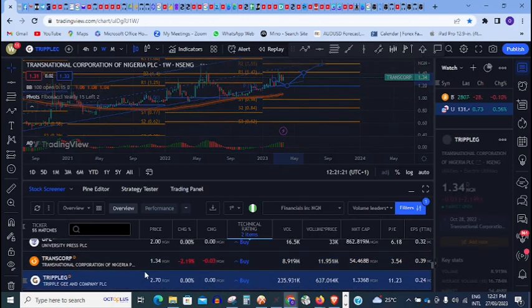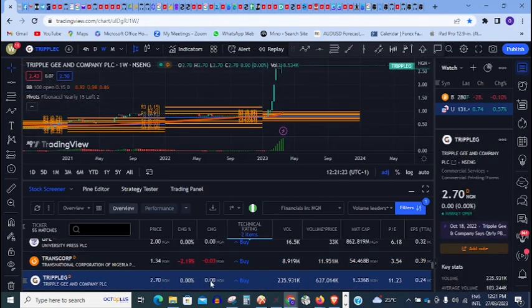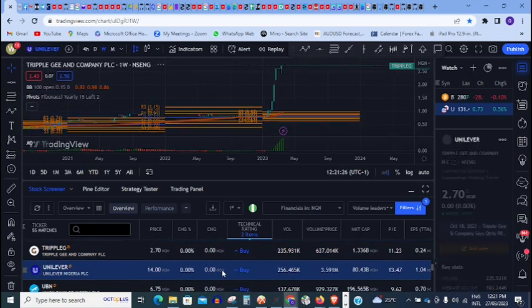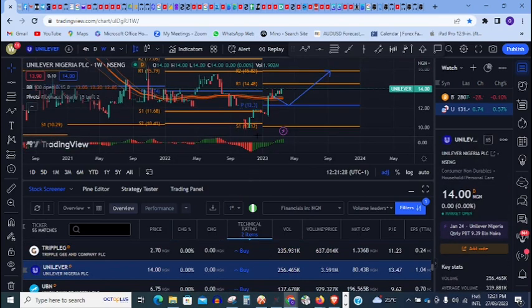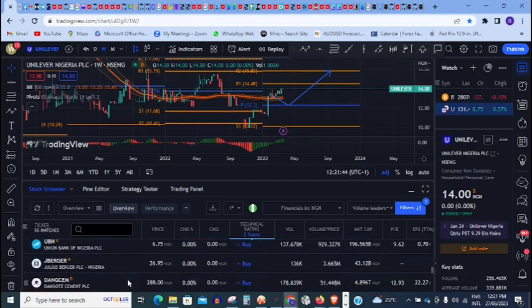Triple G overbought. The level, you take entry at 13 naira 20 kobo, it's still okay. But if market comes to find support at the pivot, it's also good. That's 12 naira 20 kobo.